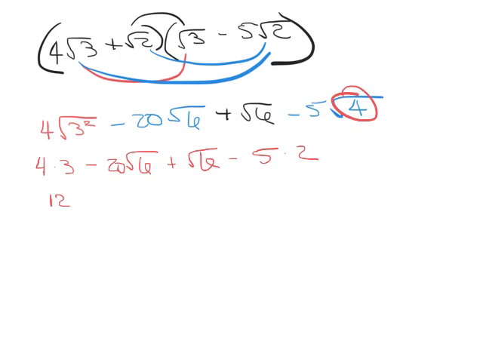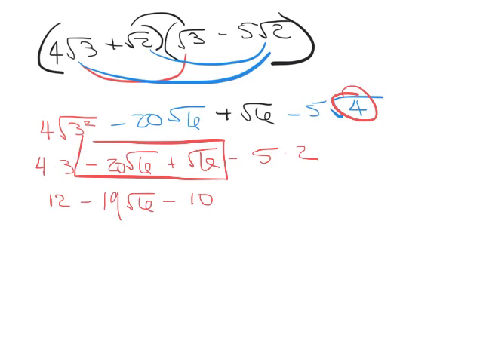So I've got 12 minus, and let's combine these since I have a radical sign of square root of 6 for both of those. Okay. And then that takes us 12 minus 10 is 2 minus 19 square root of 6 for your final answer. Okay.